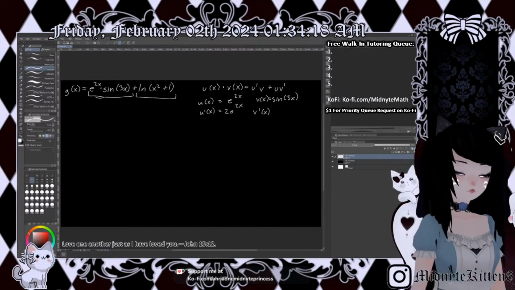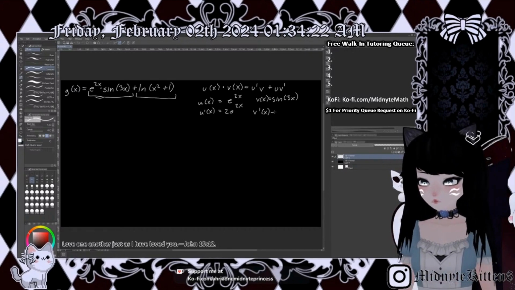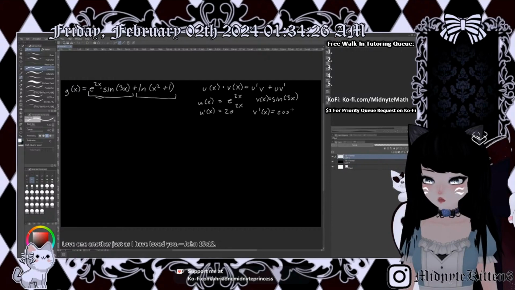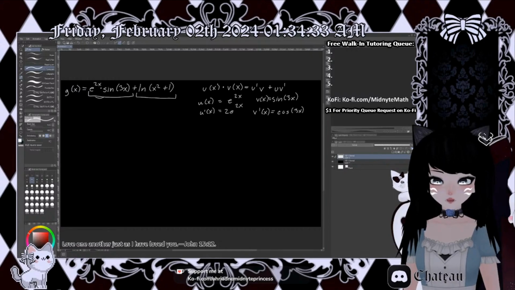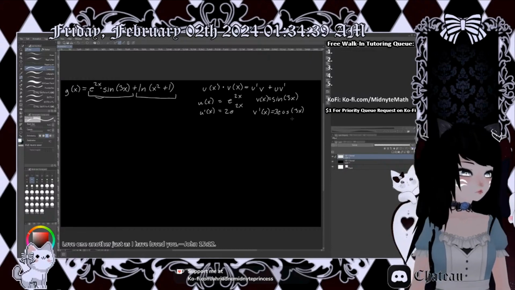Positive cosine, yeah. It is cosine, but remember we have to do the chain rule. So we need to multiply the coefficient of that 3x to the front. So we get 3 cosine 3x.